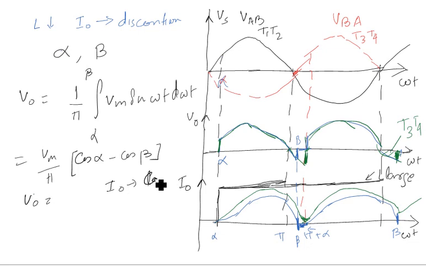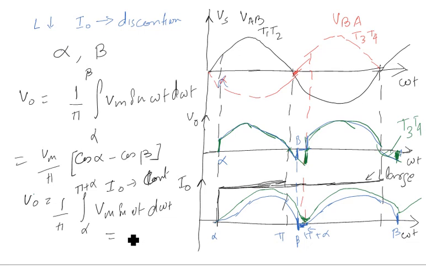For continuous I naught, that is large inductance, the average will be Vm by pi integration from alpha to pi plus alpha of Vm sin omega t d omega t. We have already done it.